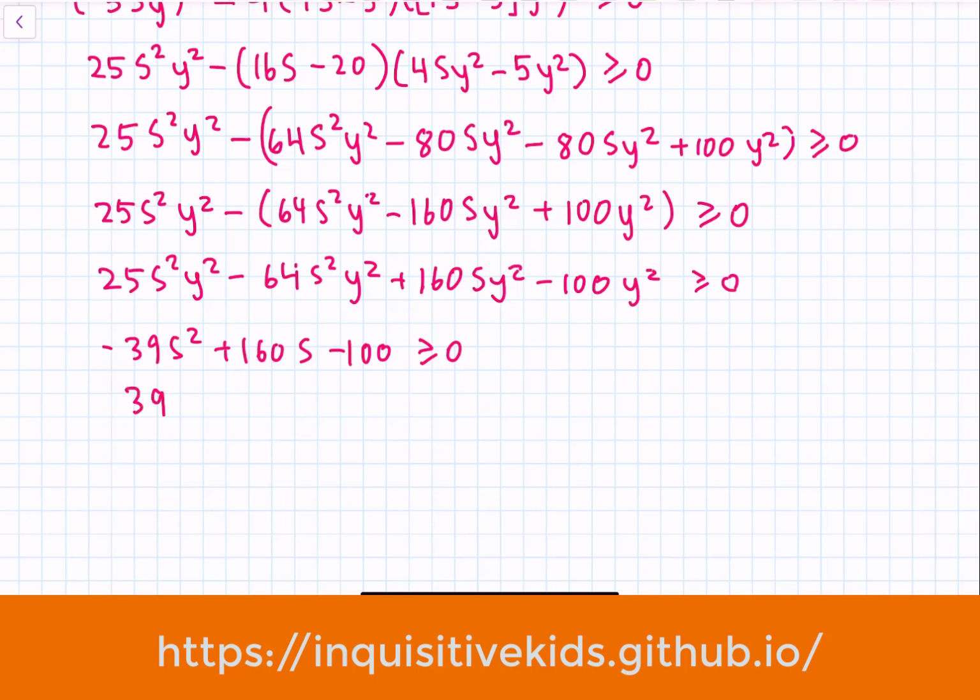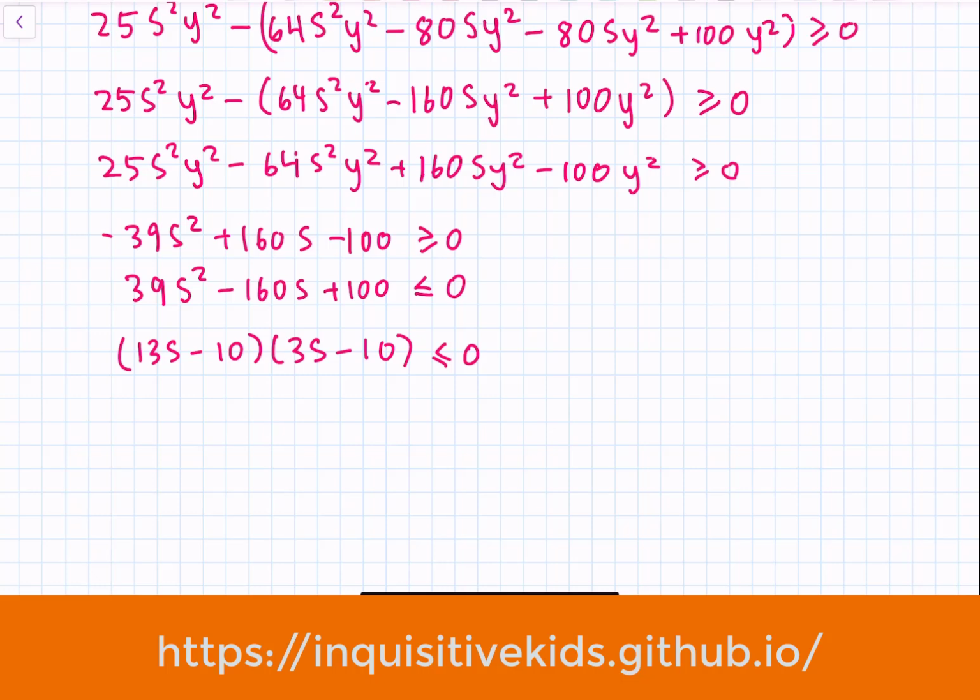So we have 39s squared minus 160s plus 100, and then don't forget to flip the sign, is less or equal to 0. And now we can go ahead and factor the left side of this inequality. So we have 13s minus 10 times 3s minus 10 is less or equal to 0.